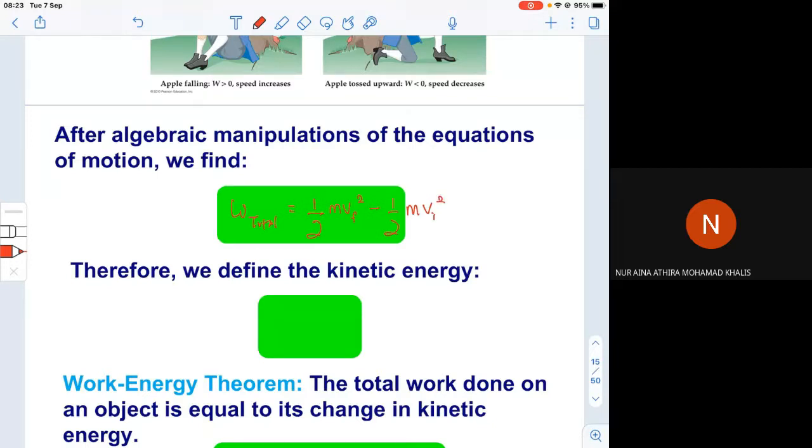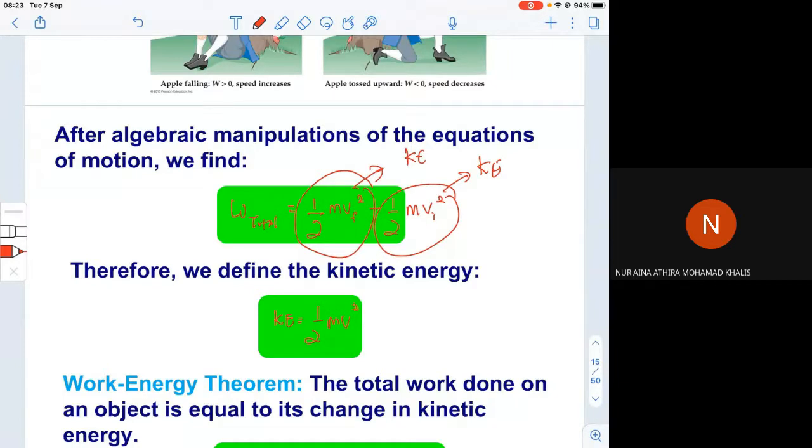What is this equation? This is the kinetic energy, because we define the kinetic energy as KE equals half mv squared.